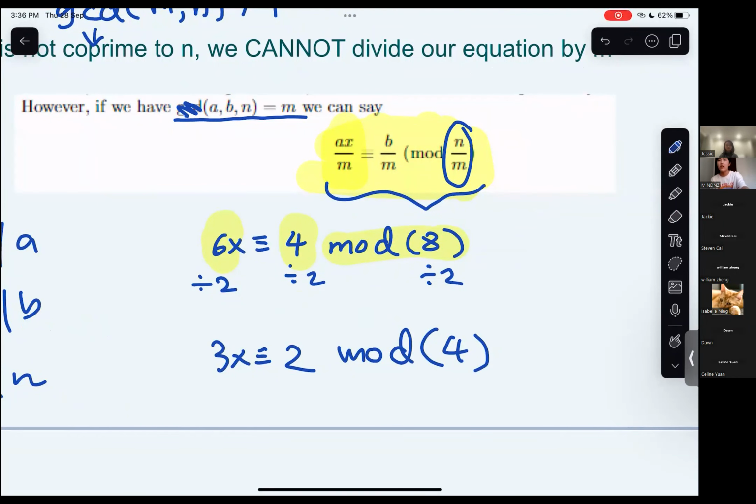Can we simplify it further? Does anyone have any ideas we could simplify it further and make our lives a bit easier? Especially if we can express it as just x. So what is x congruent to? Any ideas?